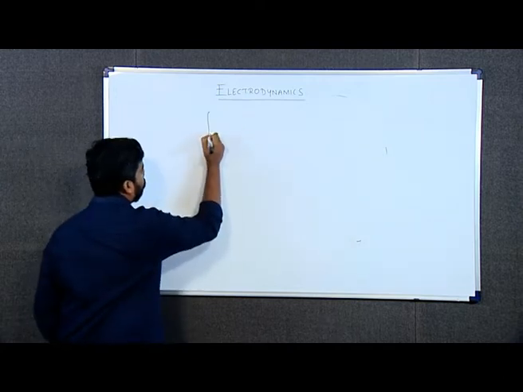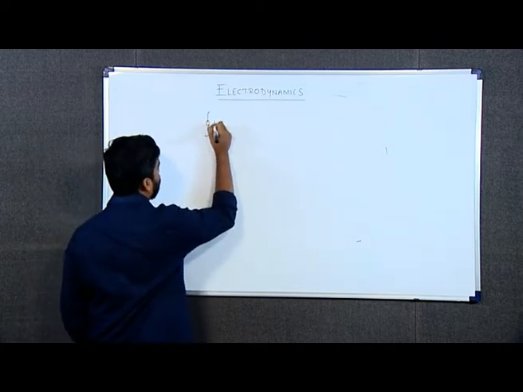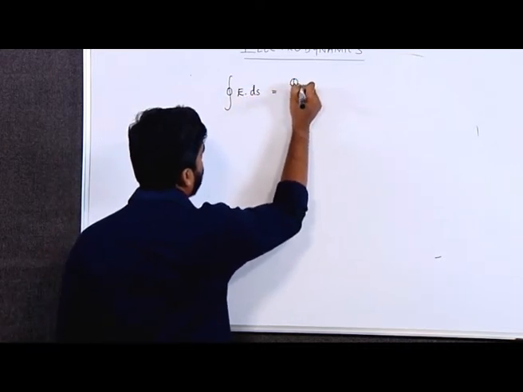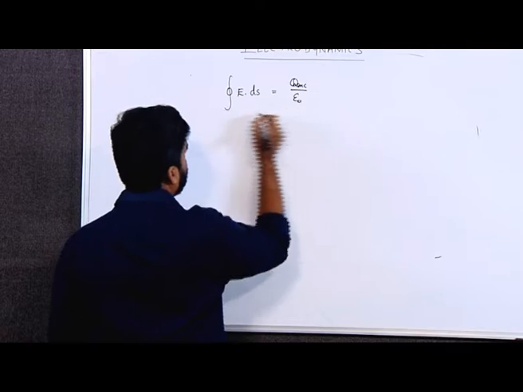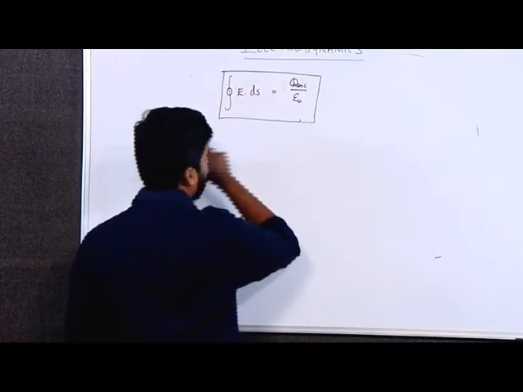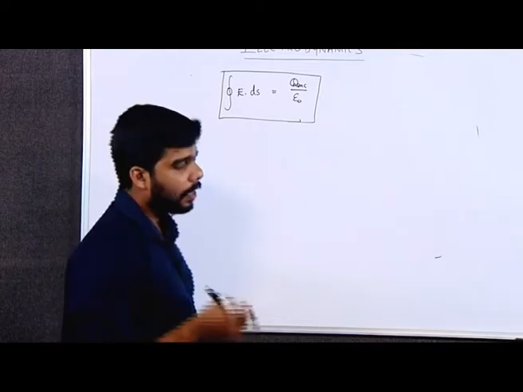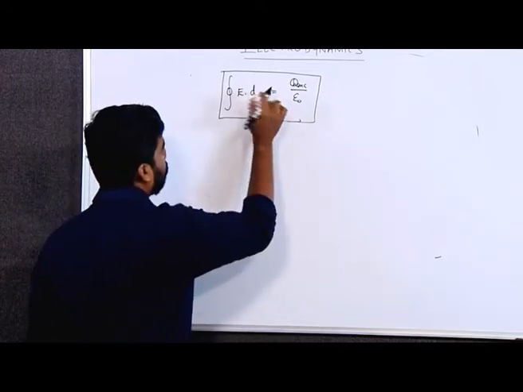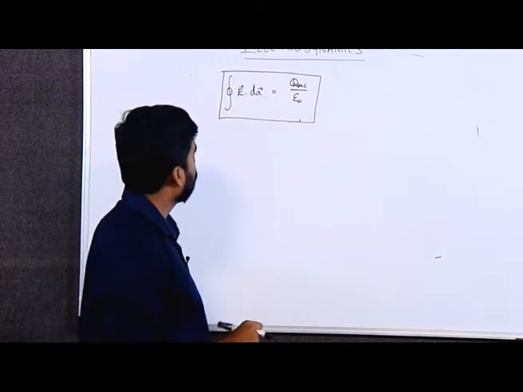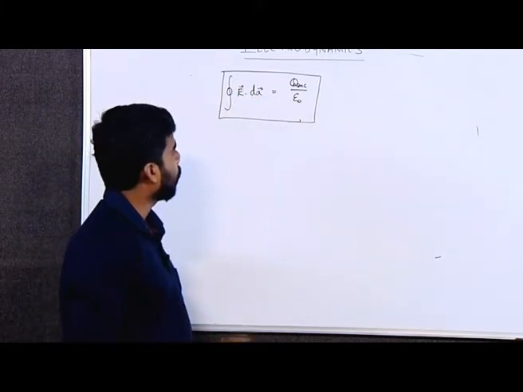According to Gauss's law, closed integral E dot dA is equal to q enclosed by epsilon 0. Just write it and make it in a box. This is a very important law. Not ds, we have to take the term dA, where A is the area vector.